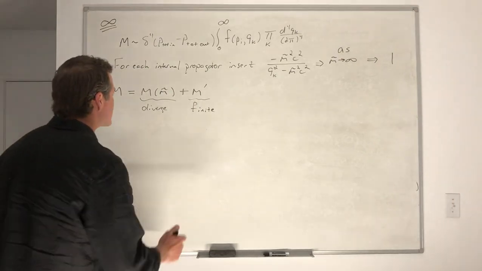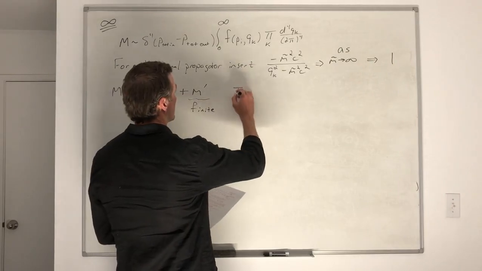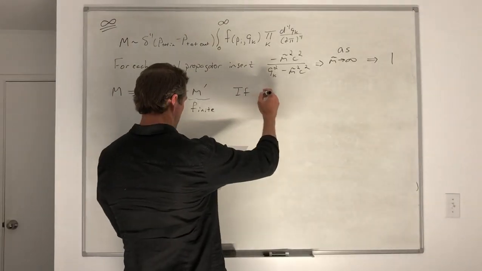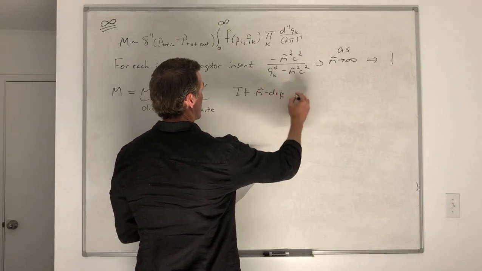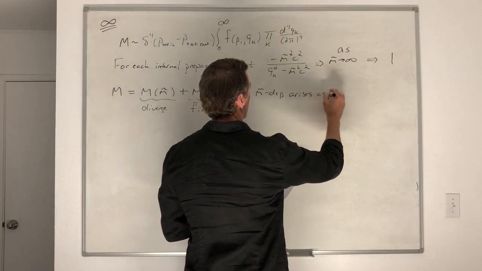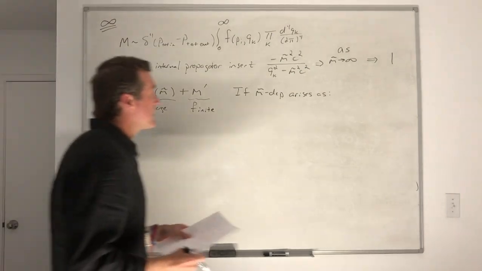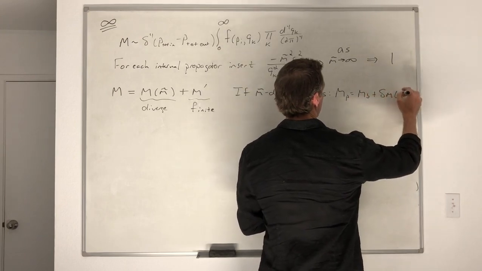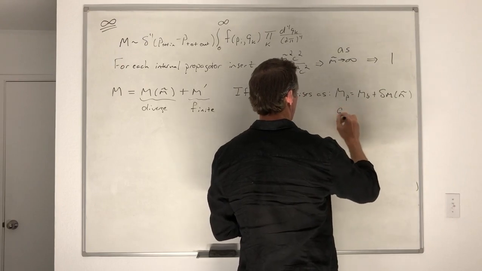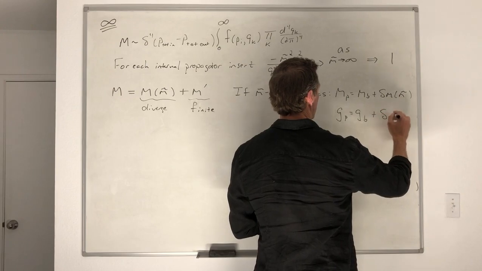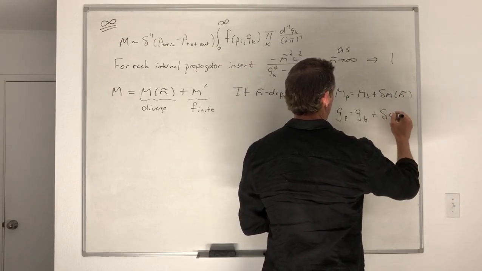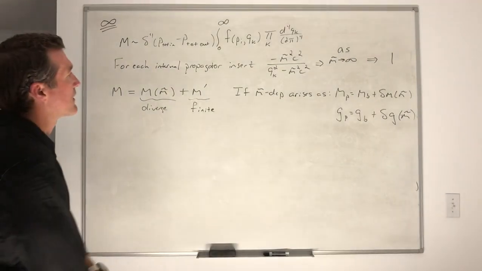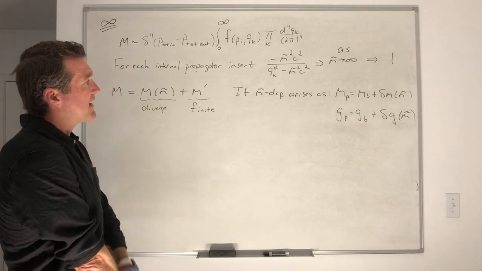And then what's nice is the following. If the m twiddle dependence in the divergent contribution can be encoded in parameters like the following, then what we can argue is the following.